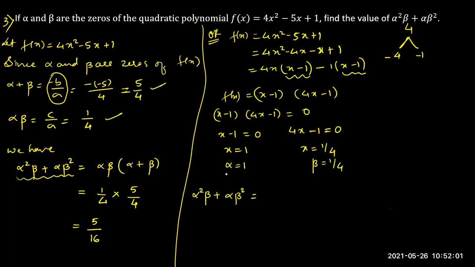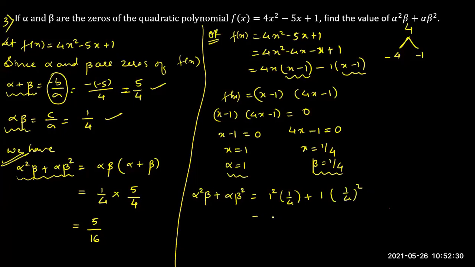So now we have alpha and beta values here, so you can fill directly the values. But in the earlier case, what happened? We did not know the alpha and beta values. So for that reason, we used alpha plus beta and alpha into beta. So here alpha square, that is 1 square, beta is 1 by 4, plus 1 and beta is 1 by 4 whole square.